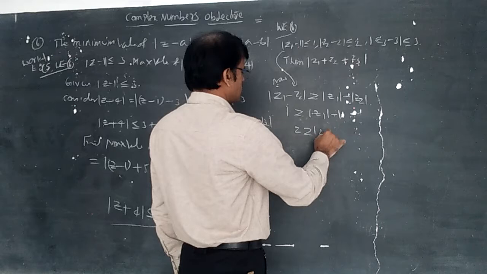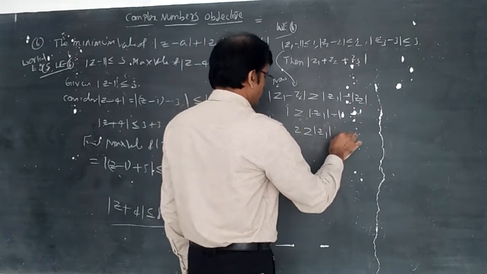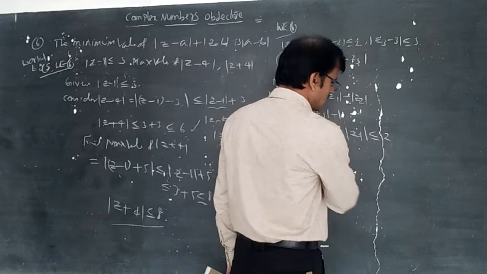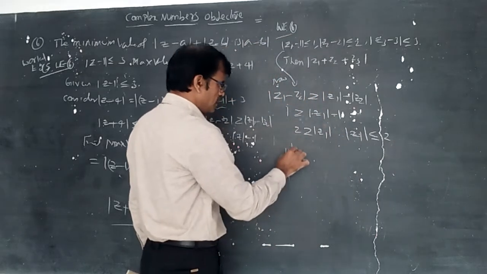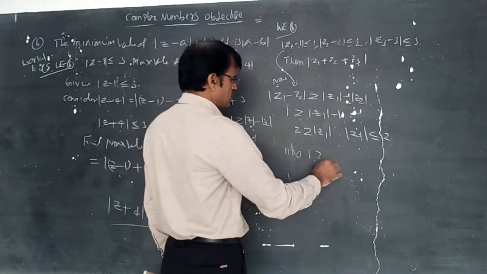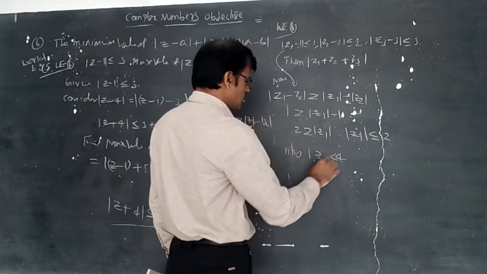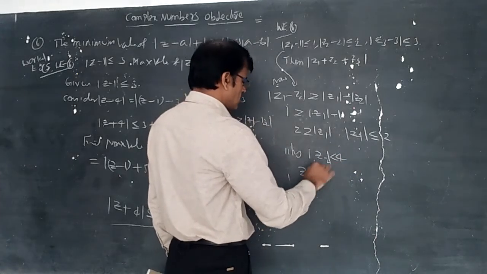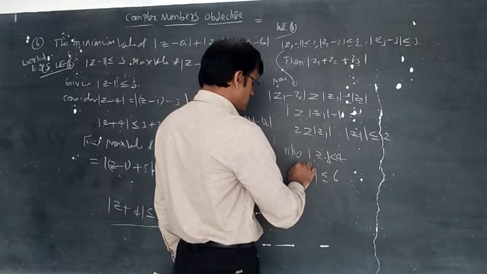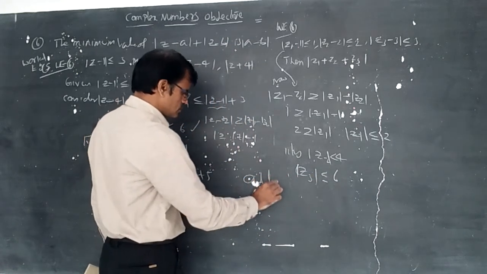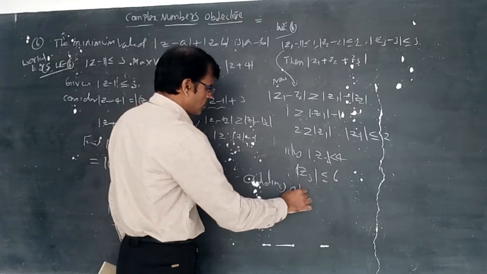So 2 is greater than or equal to modulus of z1. Therefore modulus of z1 is less than or equal to 2. Similarly, modulus of z2 is less than or equal to 4. Next, modulus of z3 is less than or equal to 6. Adding all of the above.